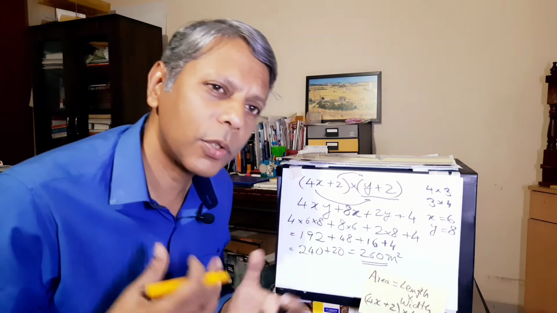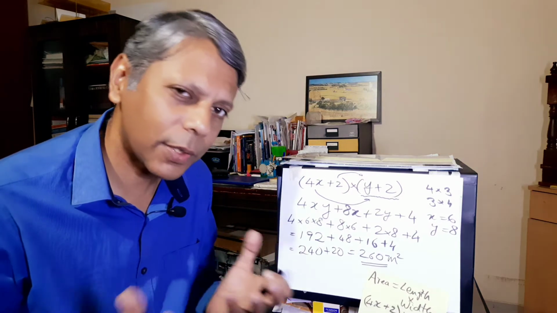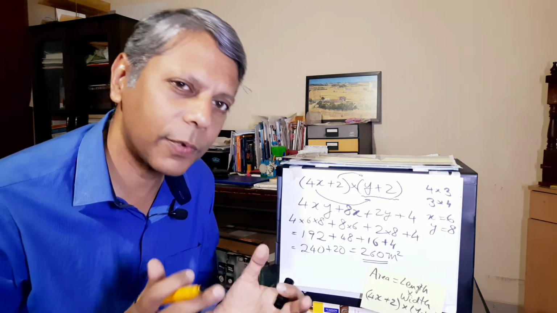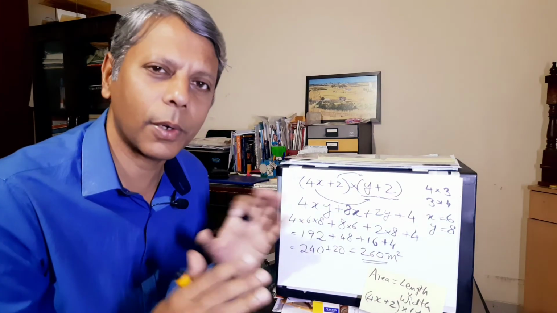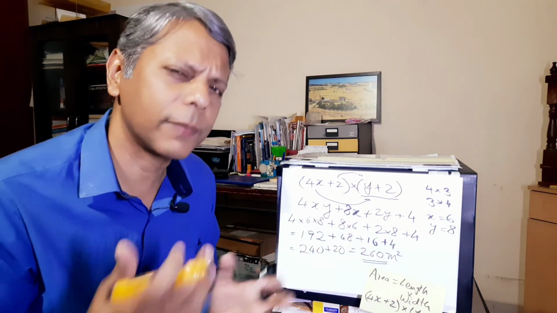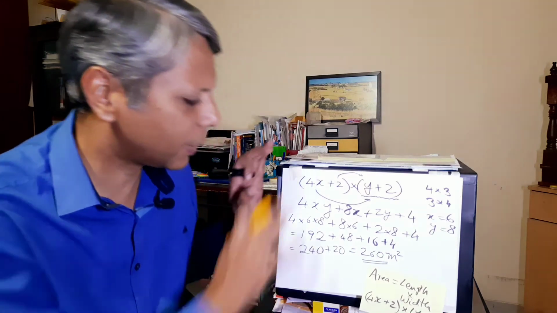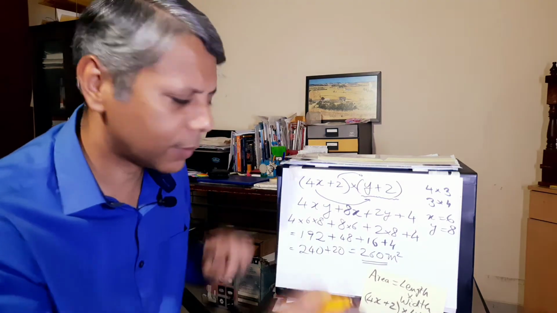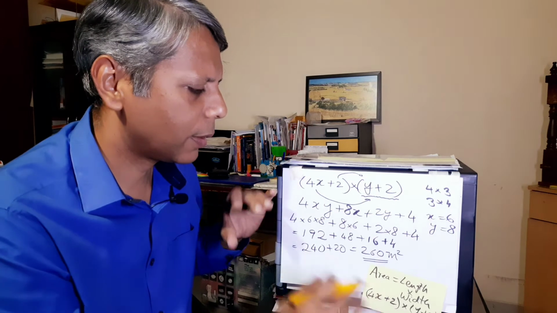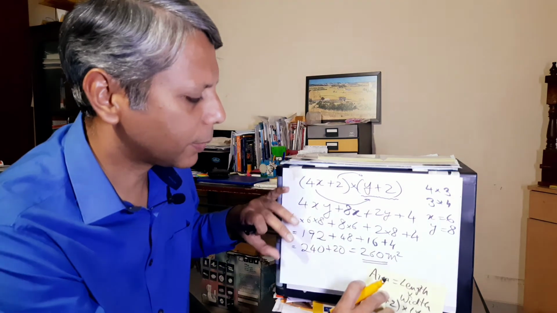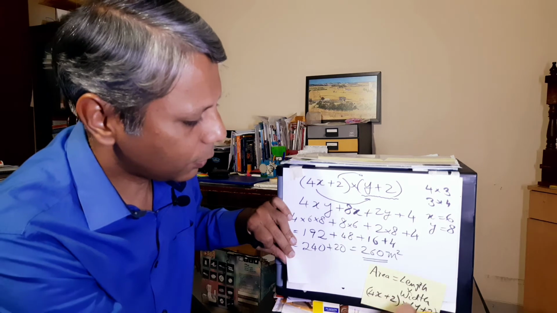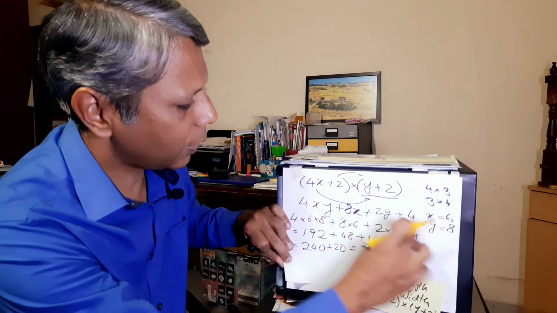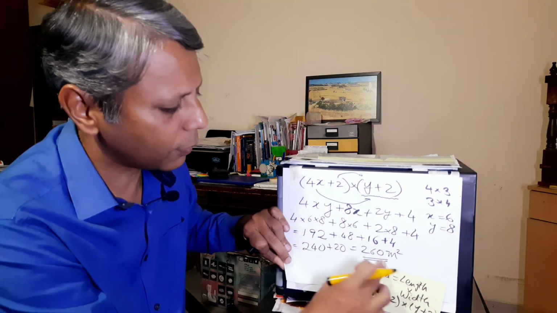In future videos, we'll deal with different kinds of situations, maybe with some minus signs and so on. Just for practice, we will do a few more problems. But this is how you deal with expressions. Let's just consolidate all this. Remember, 4x plus 2 into y plus 2, this is the way we multiplied and we substituted, we got this.